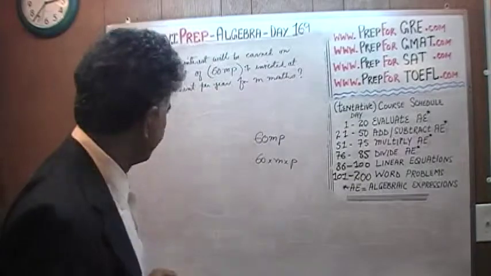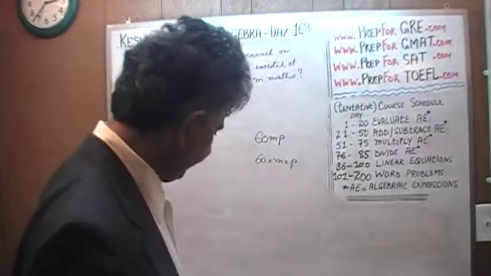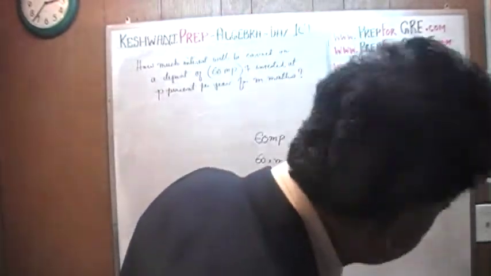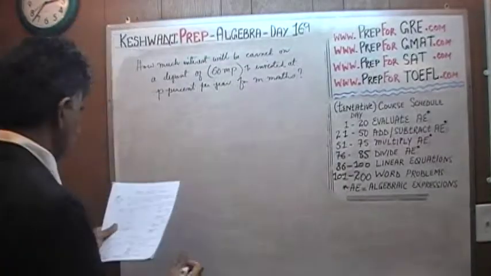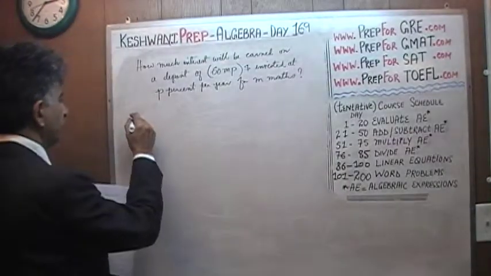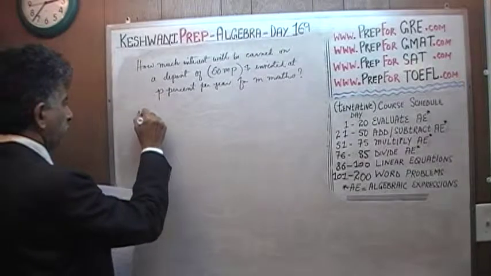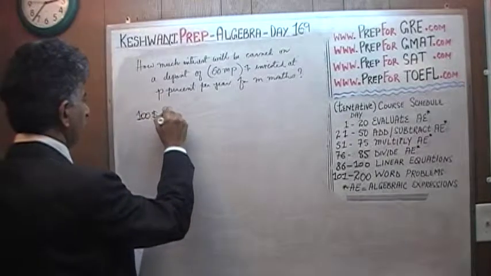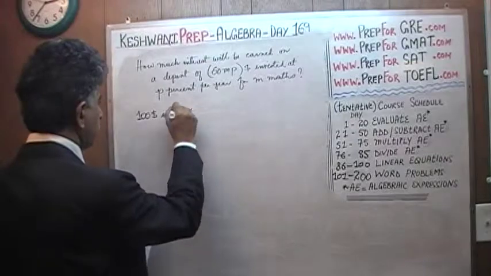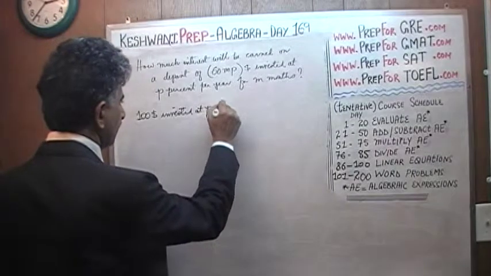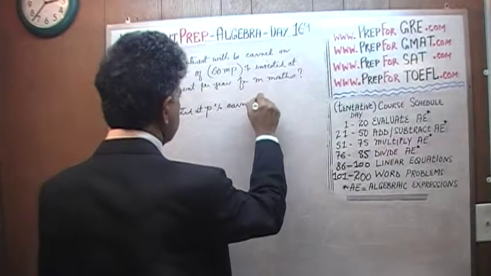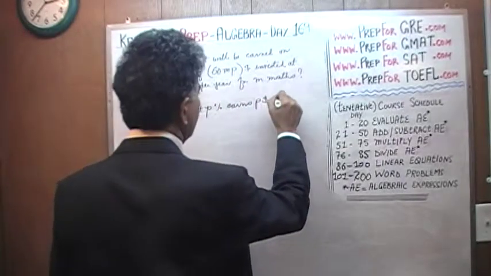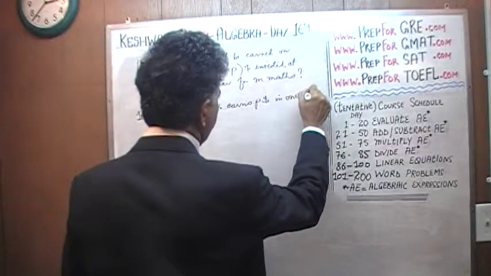So here we go. Here's the solution. We know that if we invest $100 at P%, it earns P dollars in 1 year.